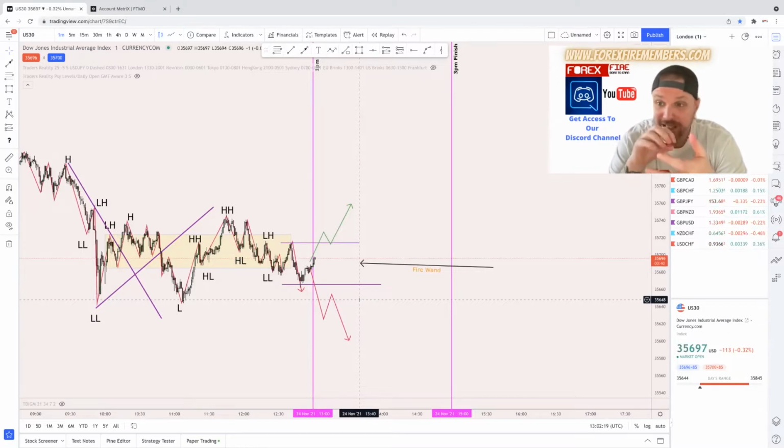With that in mind, this is where risk management comes into play. Generally, for the purposes of these videos, I do them at 1%. I would never risk 1% per trade. On a live account, I would generally only risk maybe 0.2% or 0.3% per trade.